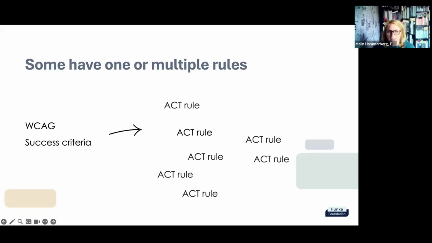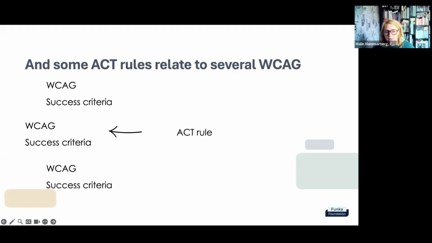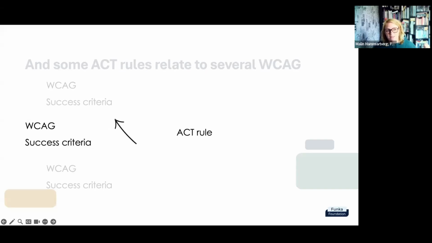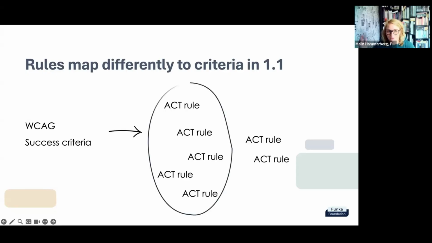Some ACT rules can also relate to more than one WCAG criterion. This means that the relationship between WCAG and ACT is not one-to-one. If we go back to how WCAG relates to ACT rules, one criterion could have several ACT rules.